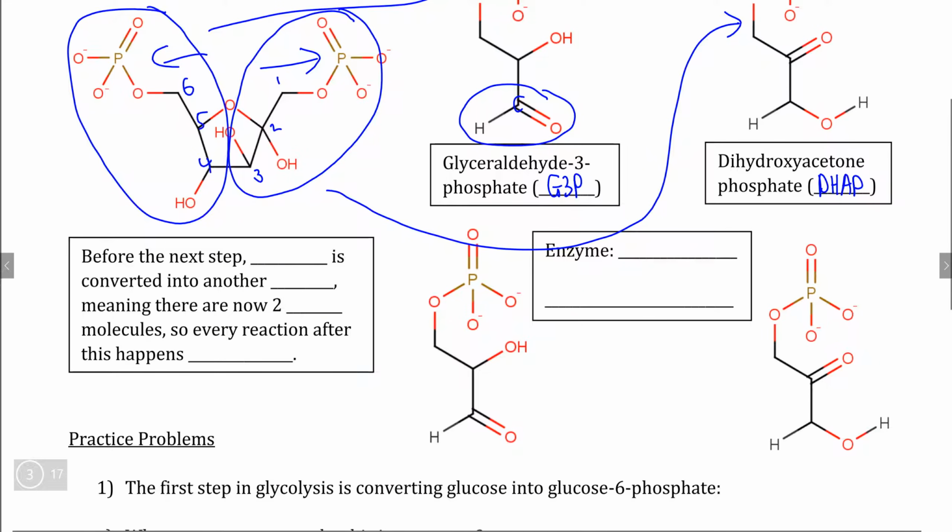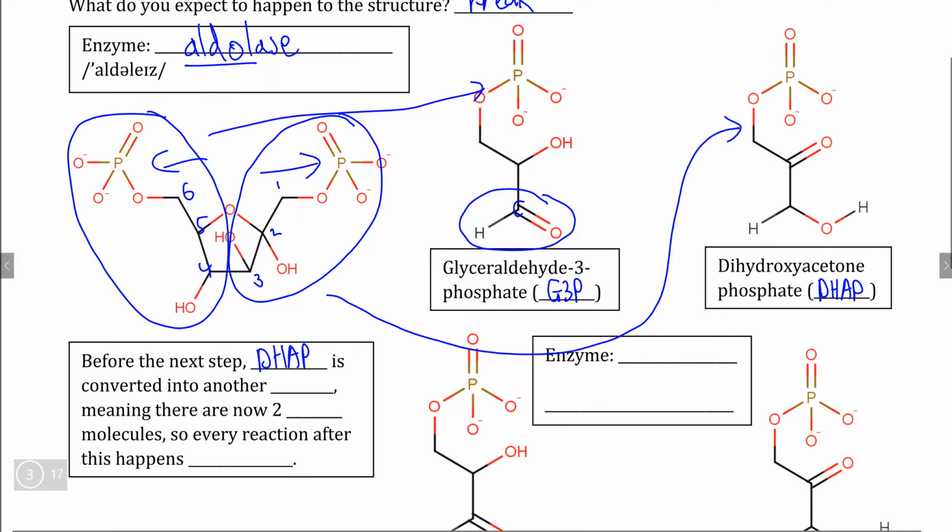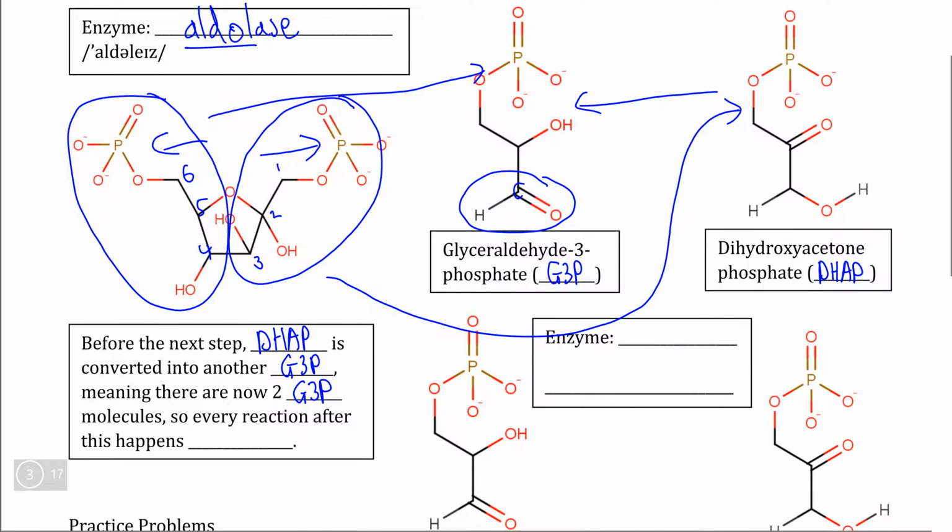And to conclude our first step, we can take dihydroxyacetone phosphate and convert it into a second molecule of glyceraldehyde 3-phosphate, resulting in 2 glyceraldehyde 3-phosphate molecules.